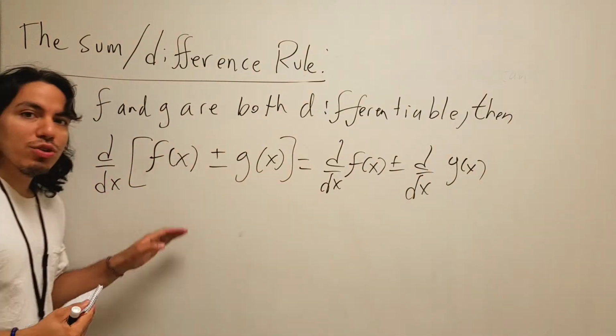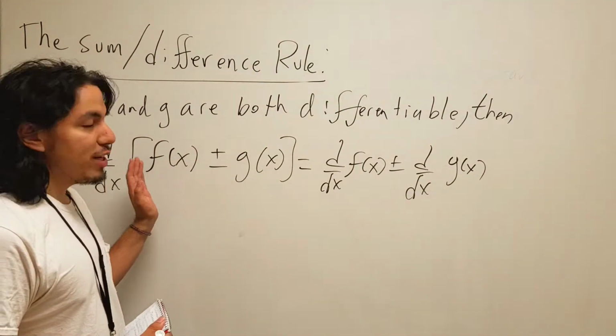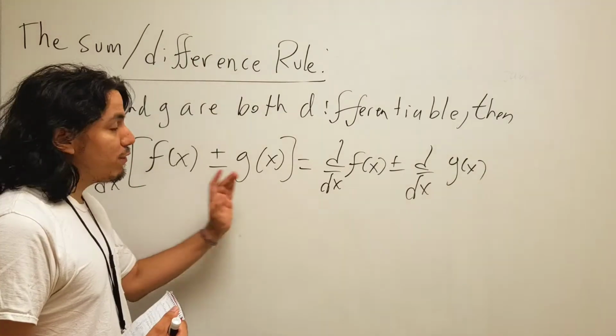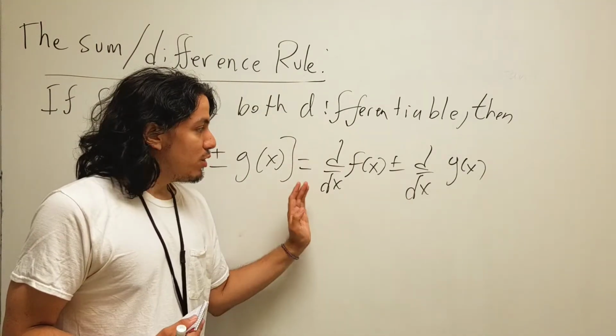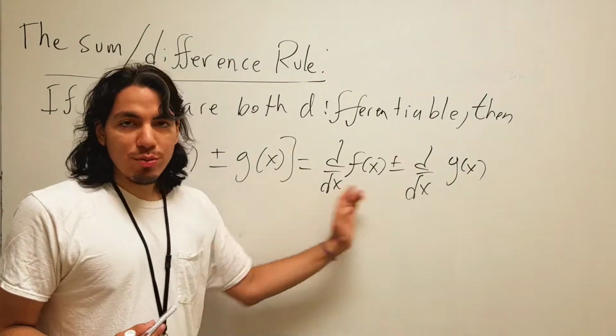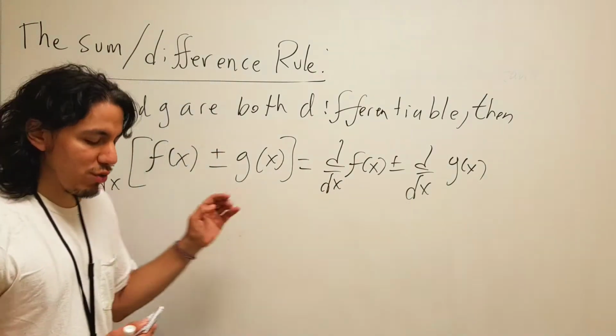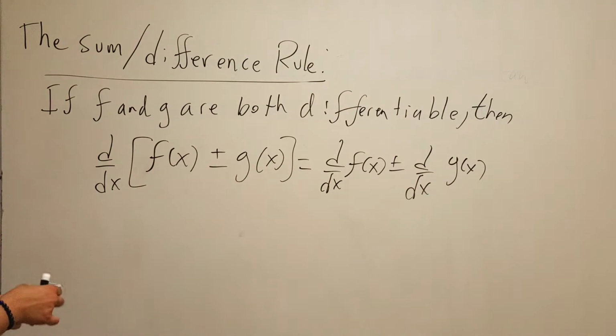So in a sense, you're distributing the differentiation, the derivative, to both the functions at the same time. You're literally distributing it. So you're able to use the distributive law with that.